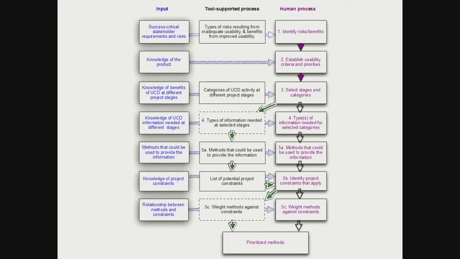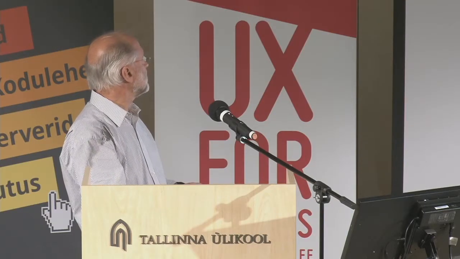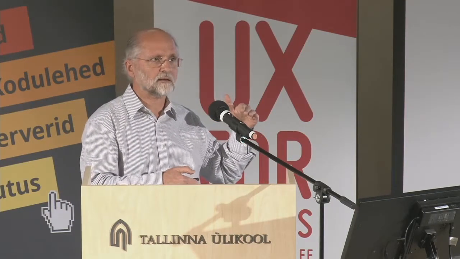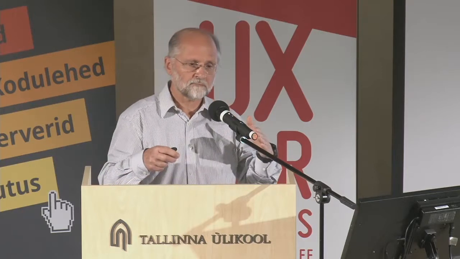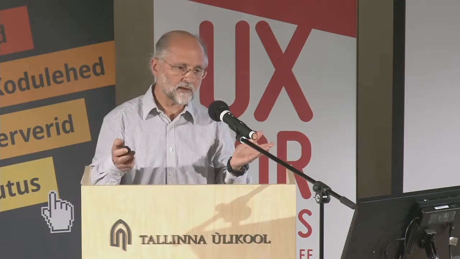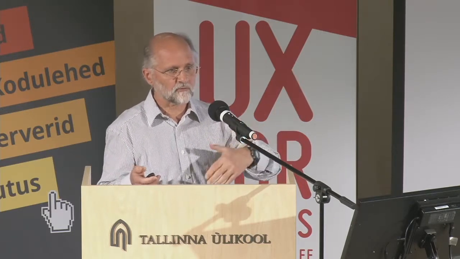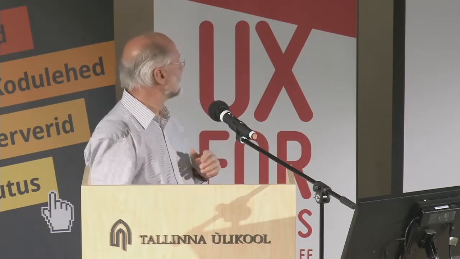The output of going right through this process is that you come up at the end with prioritized results. It's a summary of the screen we saw before, prioritizing. You can do this planning on an ad hoc basis, just at one stage of development, or plan at the beginning of a project and see how you would prioritize work across the different stages of the project.